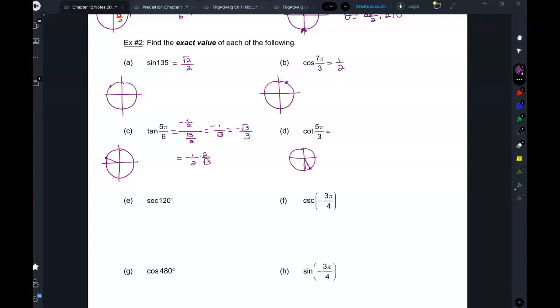So this is going to be negative root 3 over 2 divided by 1/2. Okay, so hang on. So now, lots of ways to do this. If you have identical denominators on the top and bottom, by the way, a shortcut is the denominators can cancel. So now you have negative root 3.